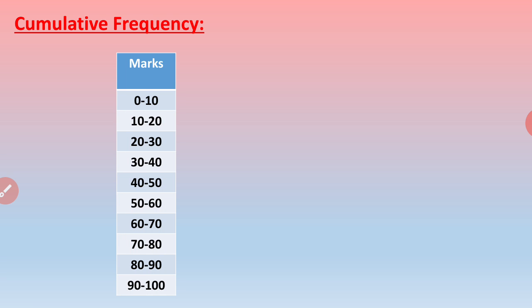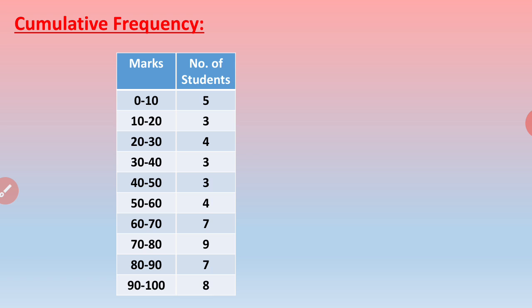Now, to find out the median of the grouped frequency, the most important topic which you must know is cumulative frequency. Now, let us see how to generate the cumulative frequency. Here, we have taken some arbitrary example.